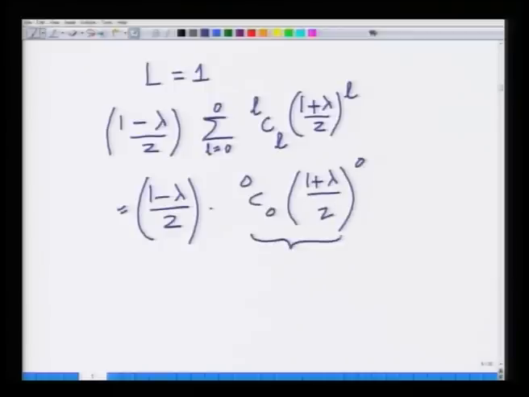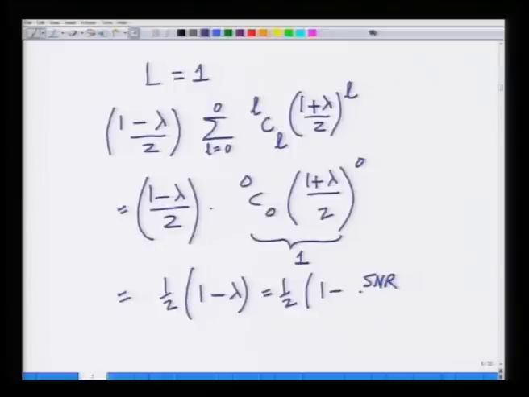This whole term here is 1, which means this reduces to half times (1 minus lambda), equals half times 1 minus the square root of SNR divided by 2 plus SNR.